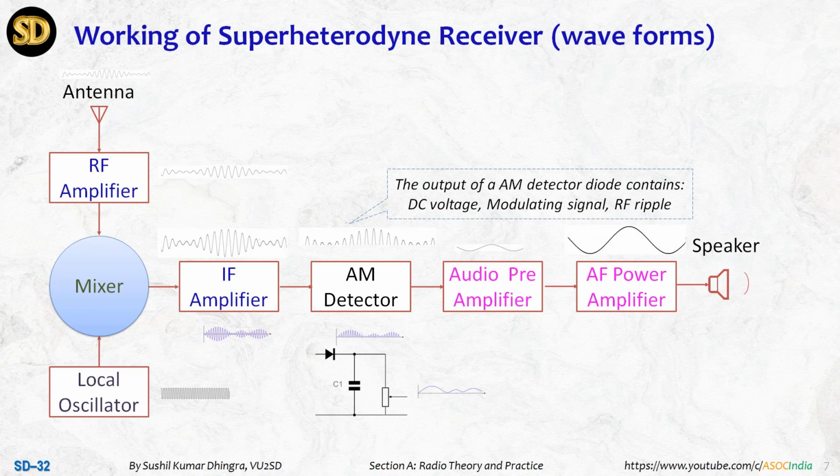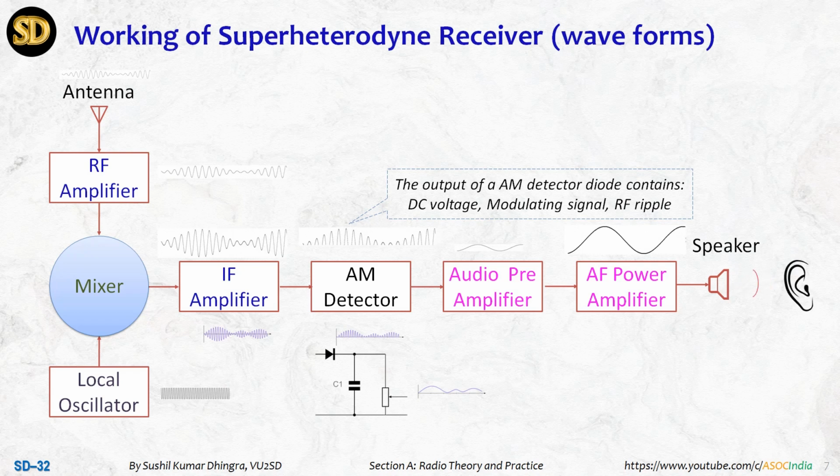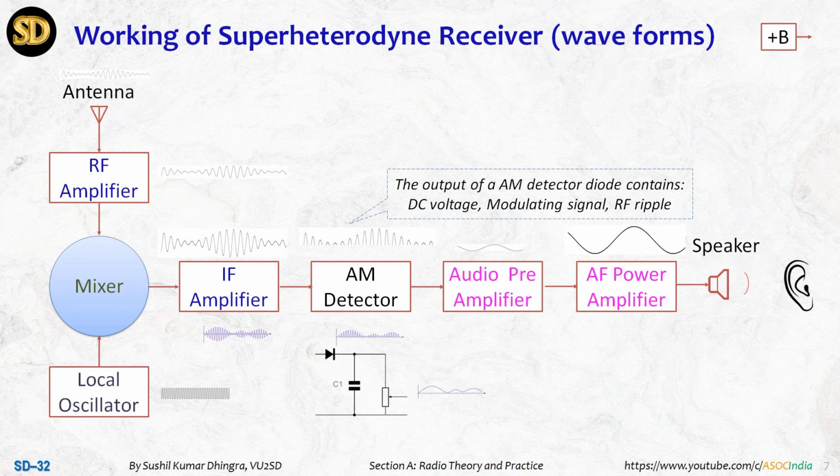It is a combination of magnets and inductance, resulting in vibration, and due to the vibration an acoustic wave will come out, and you will listen to it with your ears. It means now you are receiving the same signal which is broadcasted by the broadcasting station, or I can say by the transmitter, and this is the superheterodyne receiver waveform, and of course a power supply is required.